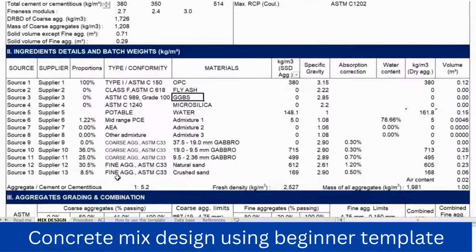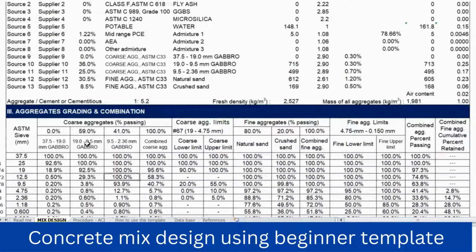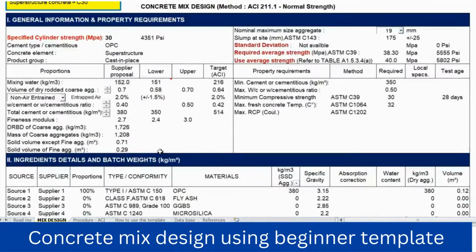So in this example, I have here 19 mm 59% and the 9.5 mm 41% combined together, and the dry rodded bulk density is 1728 kg per cubic meter.